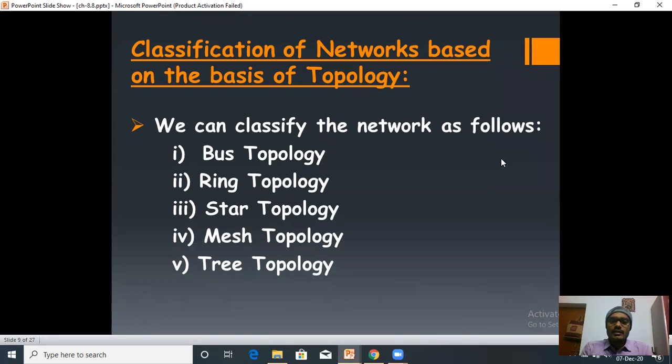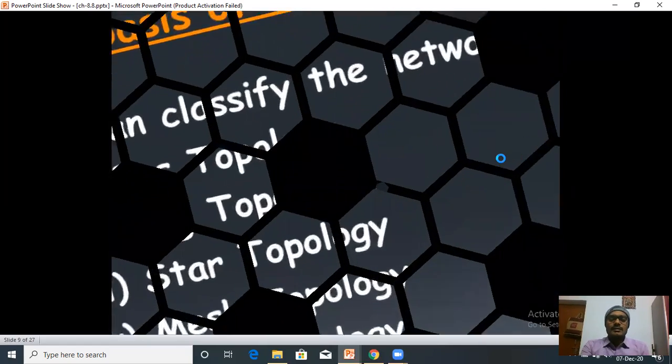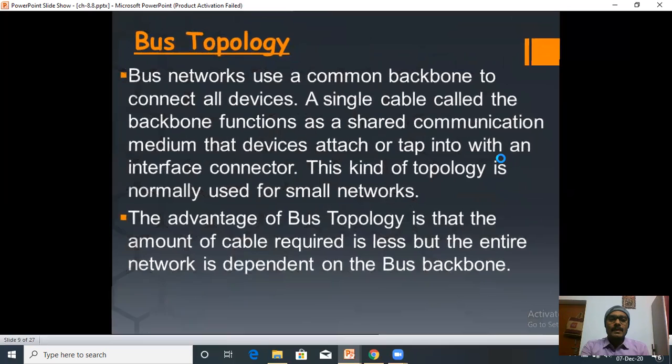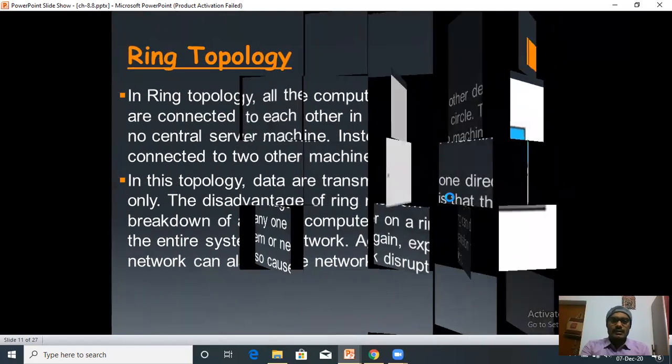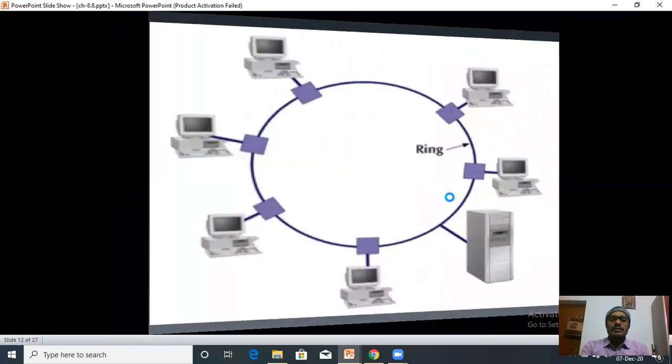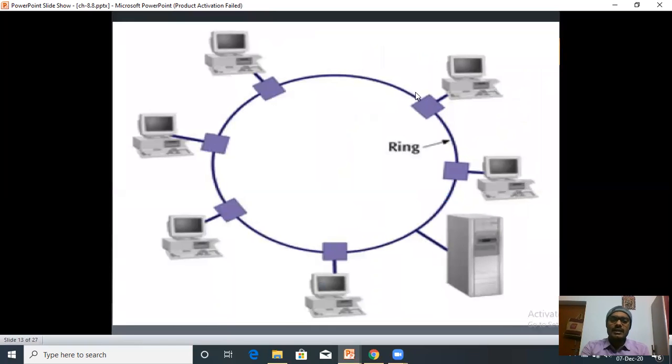Now, classification of networks on the basis of topology can be done into the following types. You can see in bus topology, all the computers are connected through the main line. In ring topology, the network is formed in the form of a ring, and all the computers are connected in this way.